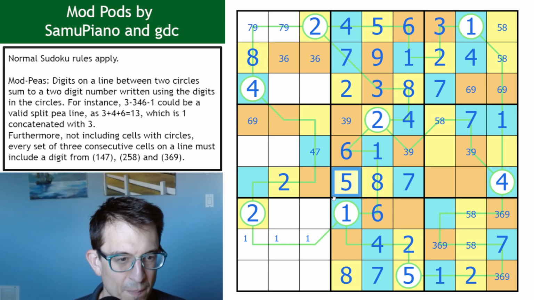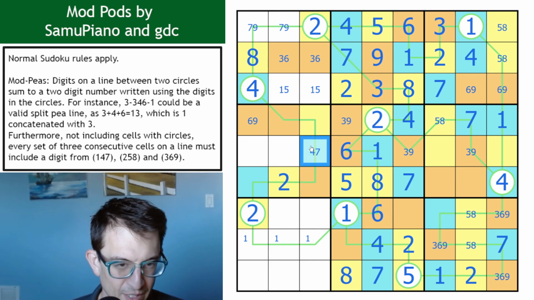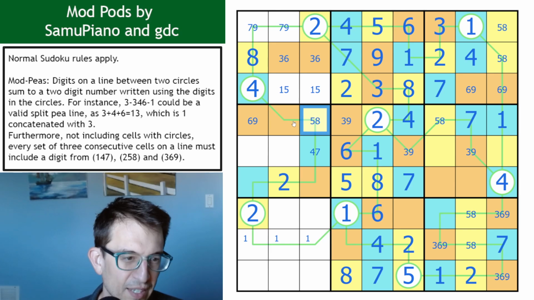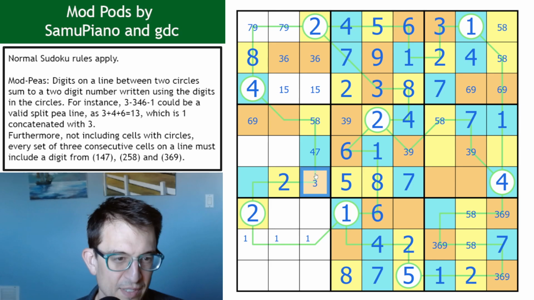I should know these digits at least. These are 1 and 5. Not helpful, unfortunately. That's 5 or 8, also not helpful. This digit is here, which means it's not 6, because it's not those two.